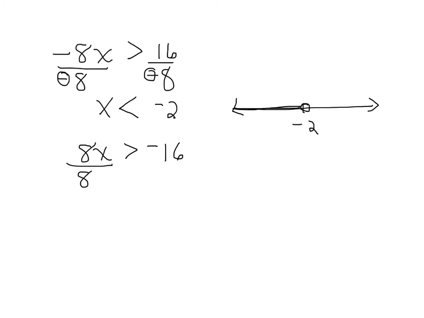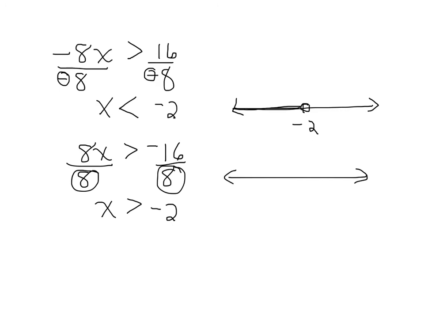In this problem, though, I'm dividing by 8. Since I'm dividing by a positive number, my sign doesn't flip. It's only what you're dividing by or multiplying by. So x is greater than negative 2. And this means that since x is on the left, I'm going to again do an open dot at negative 2, but this time it's all the numbers greater than, and that goes to the right.